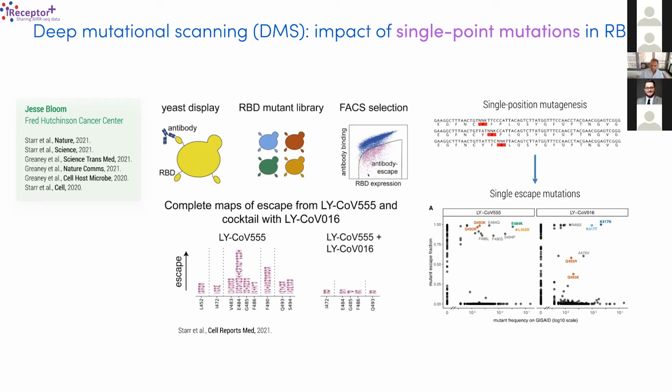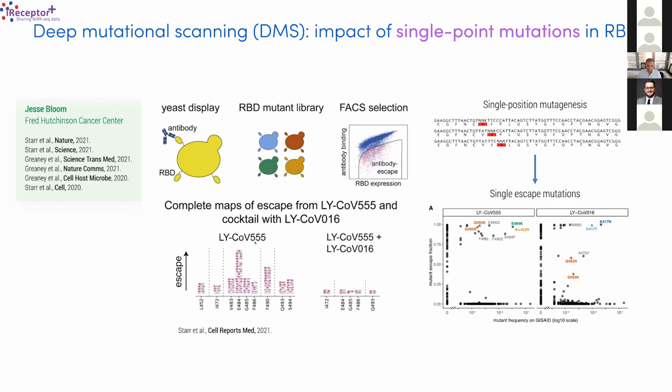And then the fraction of variants that have less binding are sorted, and then deep sequencing is performed on this population. And what this allows you to do is essentially identify enrichment in the population of sequences that have mutations in a certain position. Here's a really good example where the E484K mutation is in this escape at high levels for this LY-CoV555.